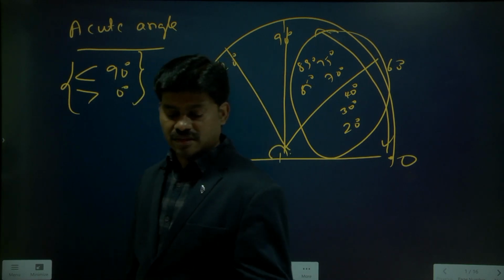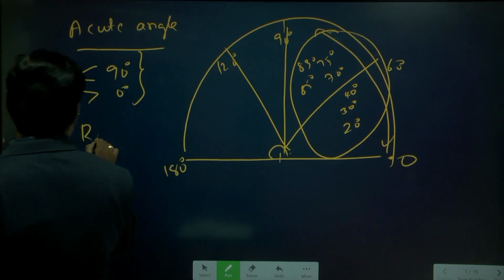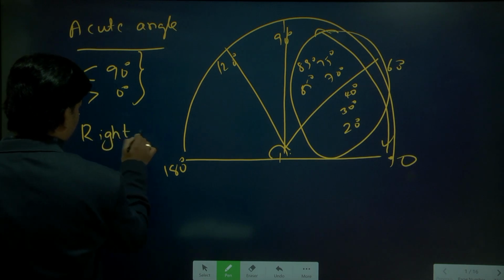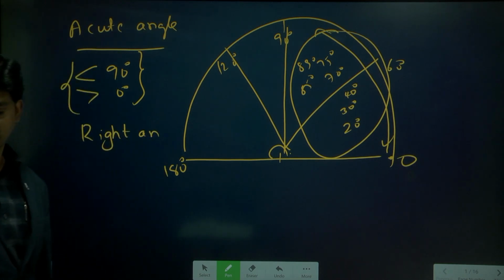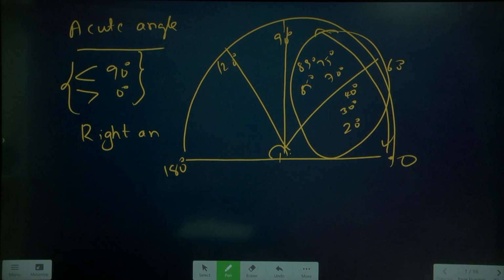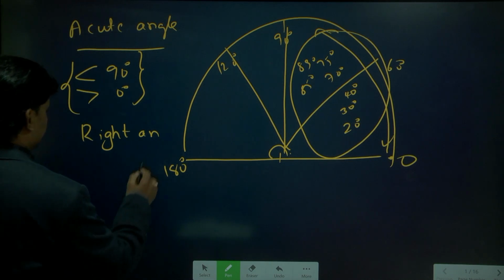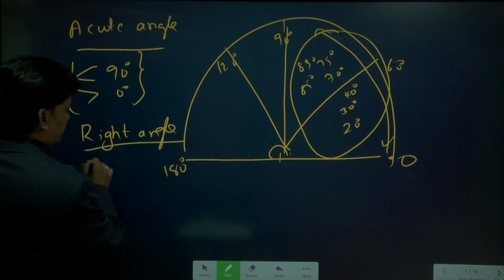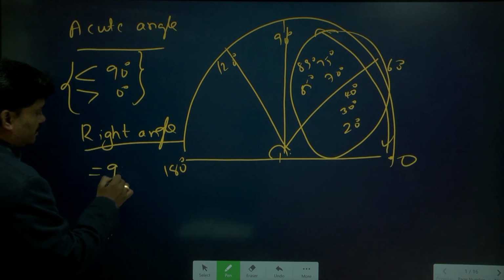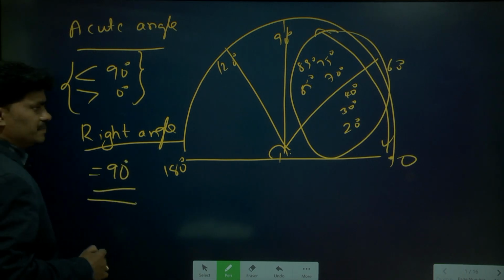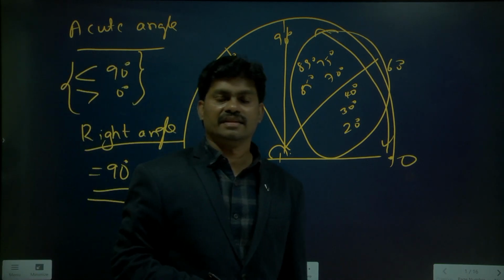Next, right angle. So what is meant by right angle? Let us see now. The angle which is exactly equal to 90 degrees is called a right angle.